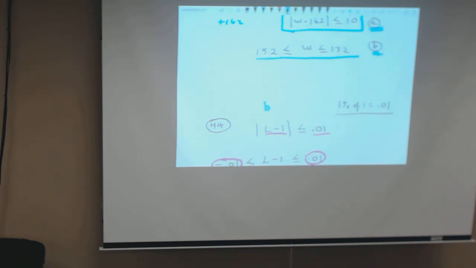So I'm going to take the length of the bushing minus 1. You follow that? With no more than 1% error in length. So the absolute value of that bushing minus 1 has to be less than or equal to 1%, which is 0.01.